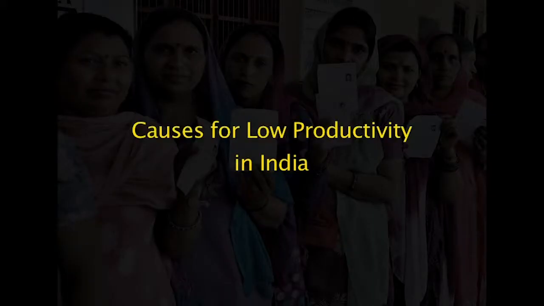These differences in agricultural productivity are due to disparity in local infrastructure, soil quality, climate, local resources, farmers' knowledge and innovations. Now, let us see the causes for low productivity in India. The low productivity in India is a result of certain factors.